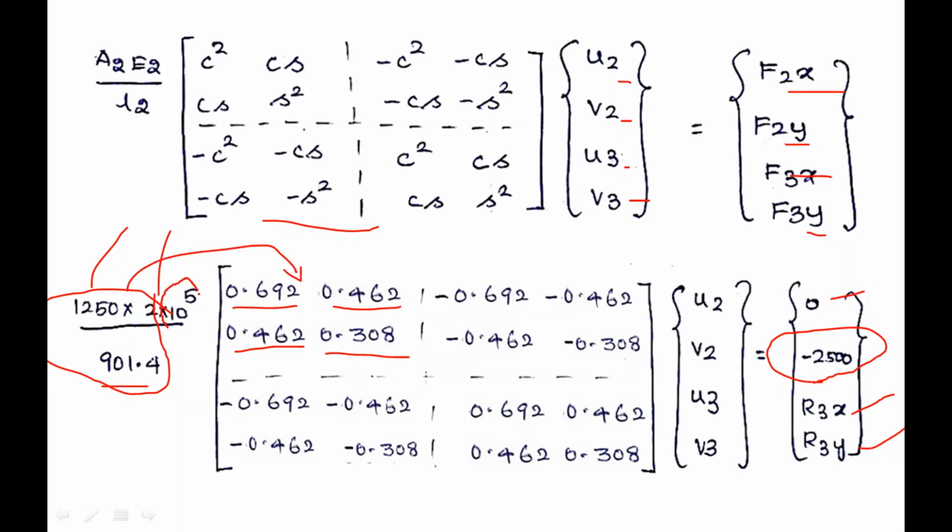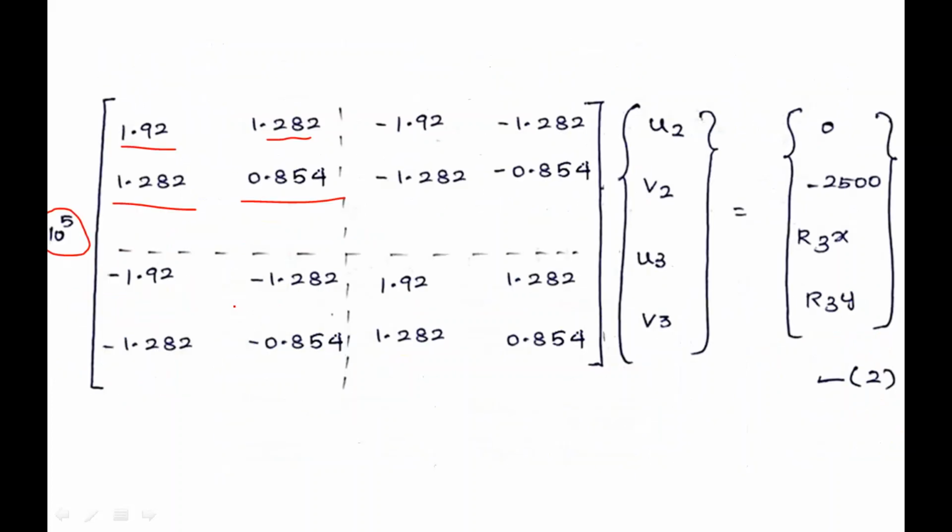Then the 10 power 5 is kept outside the matrix. So we are getting like this: 1.92, 1.282, 0.854, and so on, with U2, V2, U3, V3. On the right hand side, 0, minus 2500, R3x, R3y. So this is the element characteristic equation for the second element.